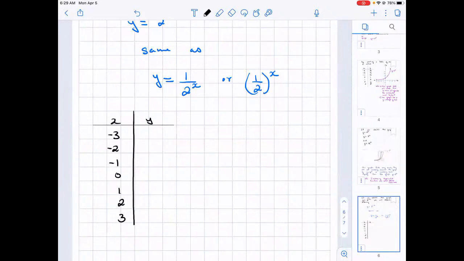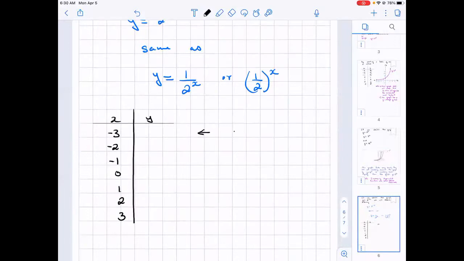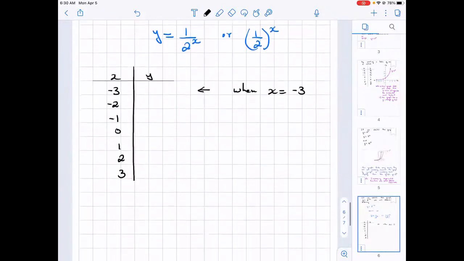When x is equal to -3, y is equal to 2 to the minus -3, so y is equal to 2 to the positive 3, and therefore y is equal to 8.